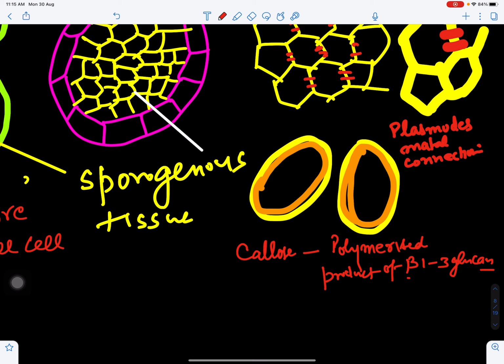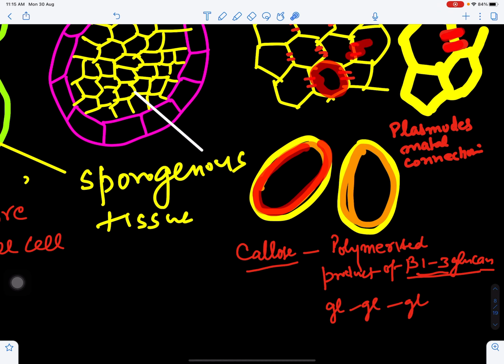In beta-1,3 glucan linkages, glucose and glucose are linked with each other by a beta-1,3 linkage. Now this is called callose, which is deposited over here, and when it is deposited here, it will break these plasmodesmatal connections, and these cells will round off as a spore mother cell.